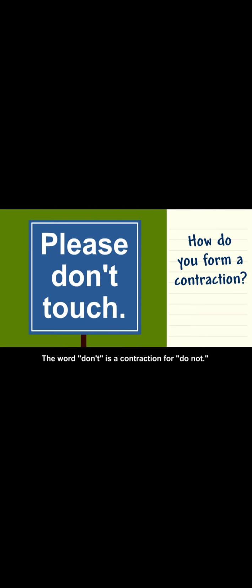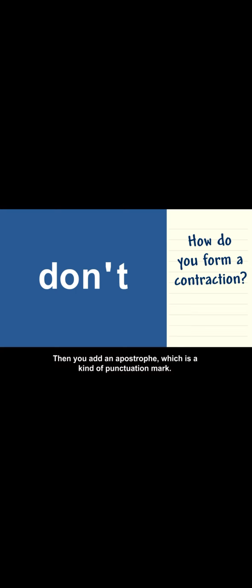The word don't is a contraction for do not. First combine do not and take out the O. Then you add an apostrophe, which is a kind of punctuation mark. The apostrophe in a contraction tells you where the missing letters or sounds are. So do not becomes don't.